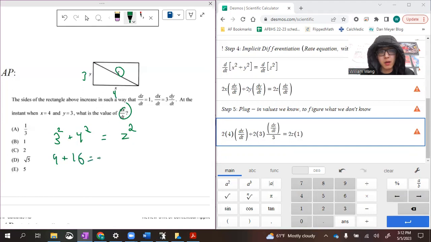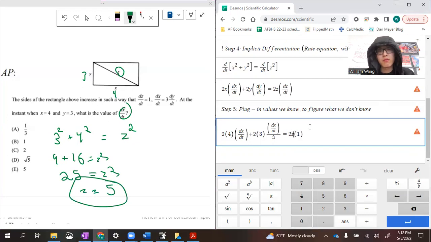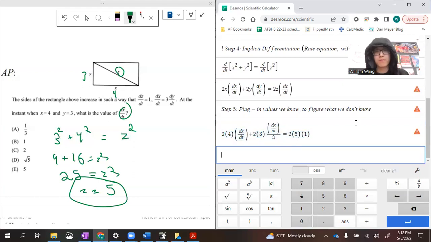That's equal to z squared. 9 plus 16 is 25. So 25 is equal to z squared. That means z is equal to 5. Hopefully you can see the math there. So I'm going to put 5 there. Okay, cool. So I have everything plugged in except for dx over dt, which is fine because that is what I'm looking for. So now we just have to solve for it.